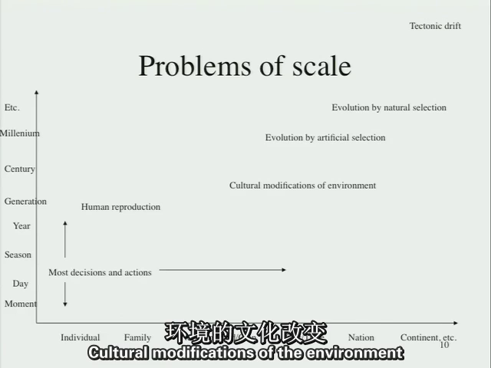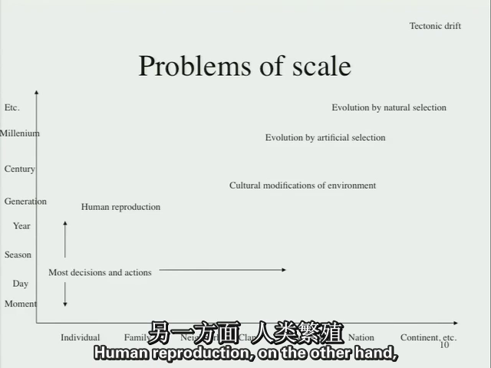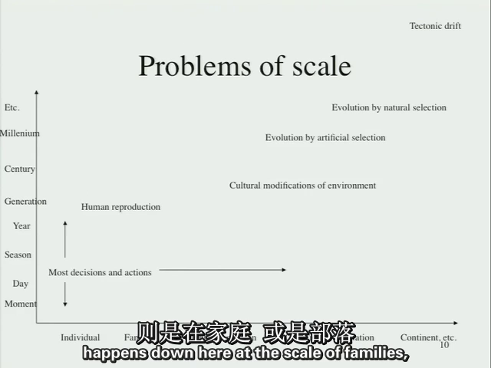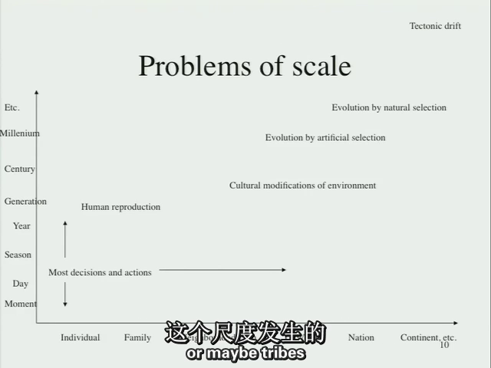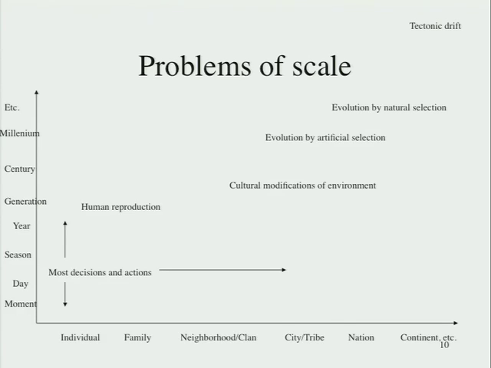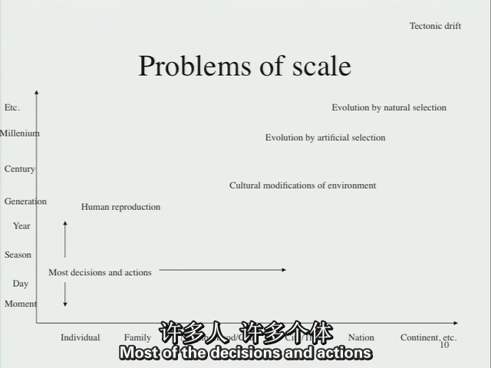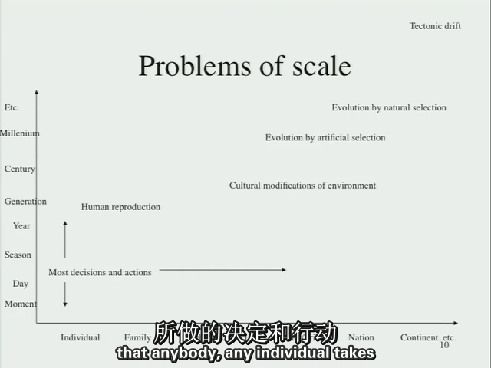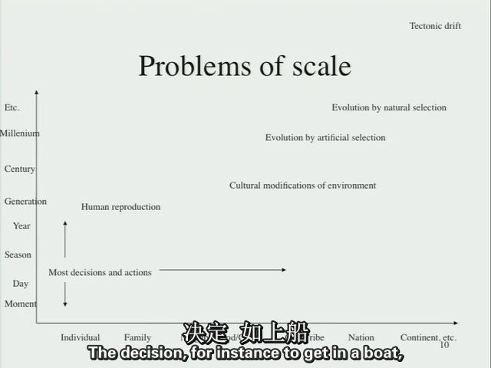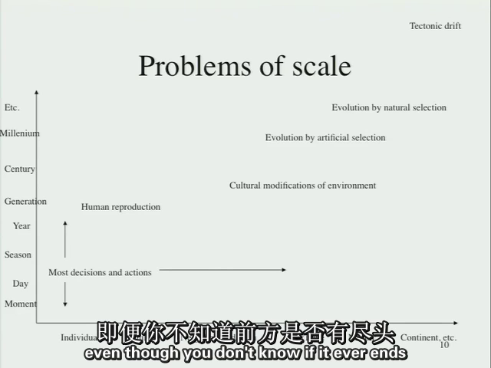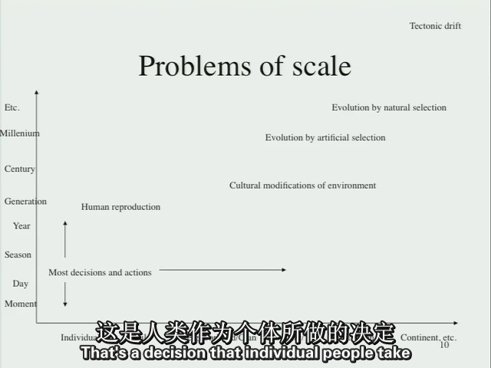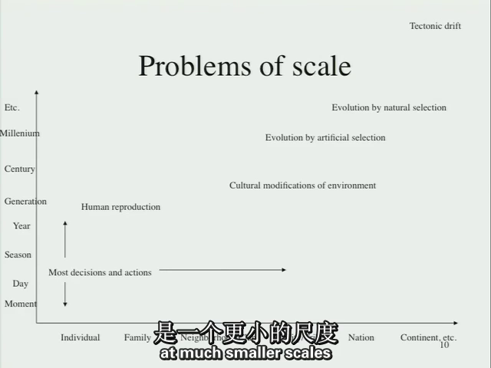Cultural modifications of the environment are at a slightly smaller scale. Human reproduction, on the other hand, happens down here at the scale of families or maybe tribes, over a period of merely generations, right? Most of the decisions and actions that any individual takes, the decision, for instance, to get in a boat and sail across the Atlantic Ocean even though you don't know if it ever ends, that's a decision that individual people take at much smaller scales.